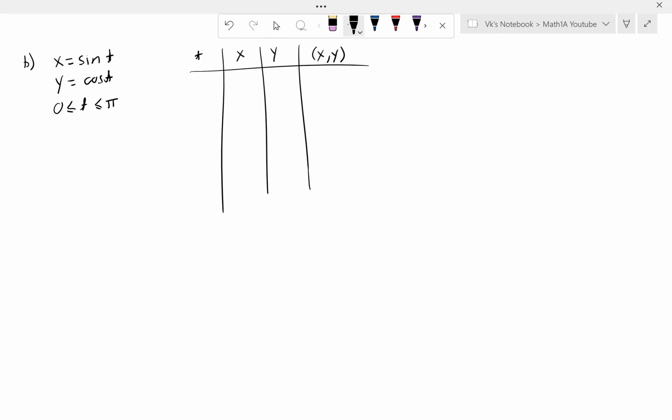Now let's take t as 0, pi over 4, pi over 2, and pi. So we see what is going on here.